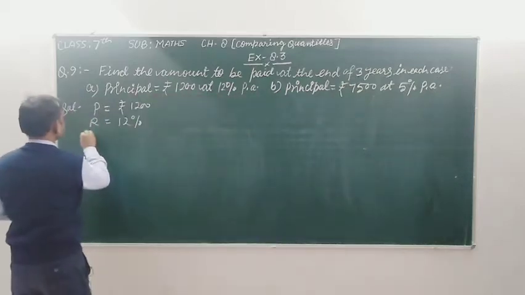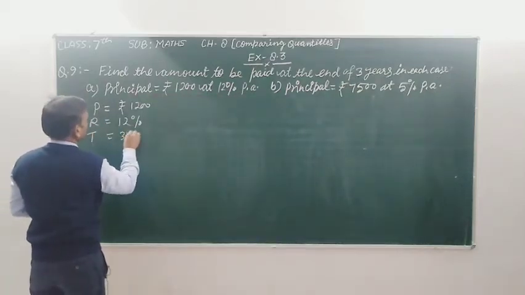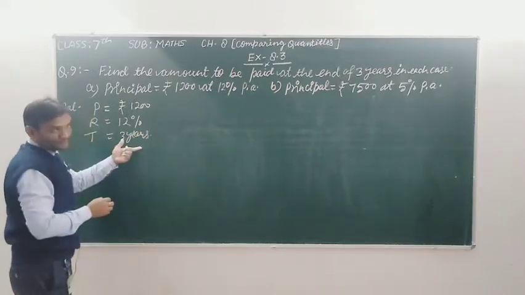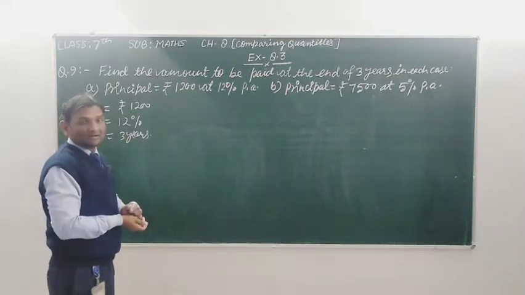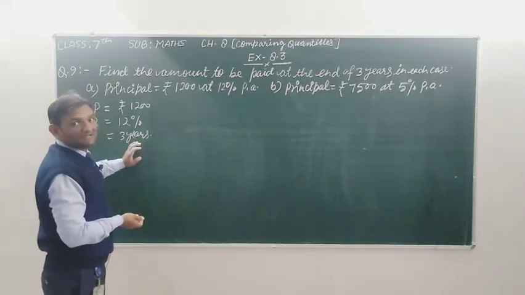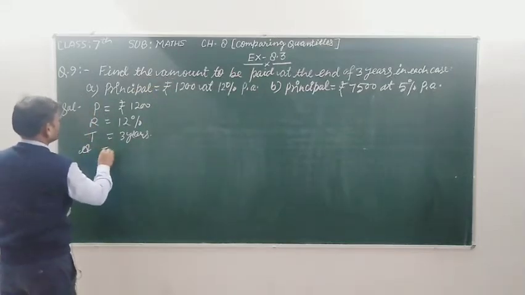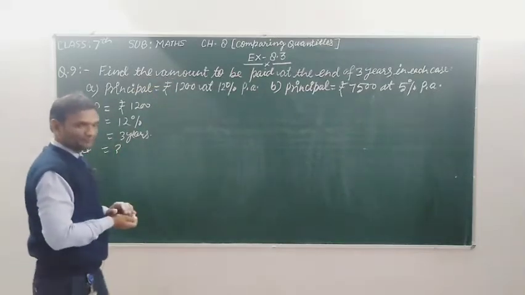Time means T is equal to 3 years. By this information we need to find out the amount. A is equal to question mark.